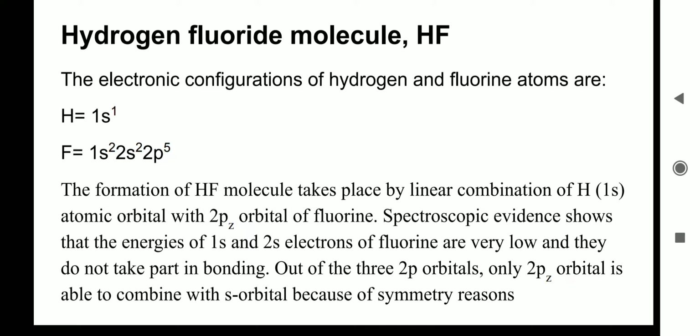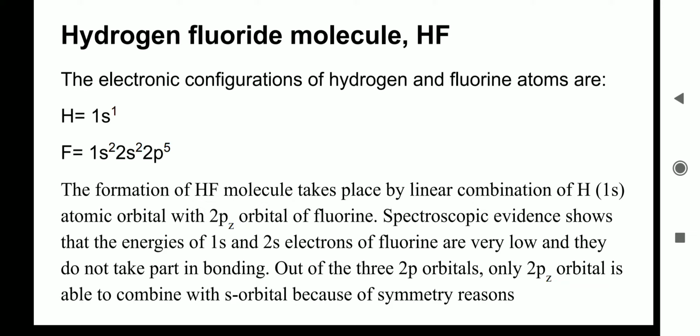2p5 means 2px2, 2py2 and 2pz1. Now in case of these 2p electrons, the 2px and 2py are filled and only 2pz is half filled.